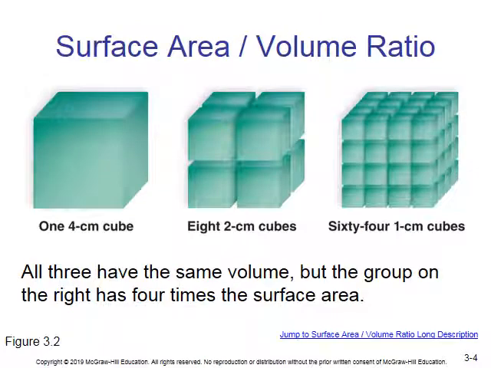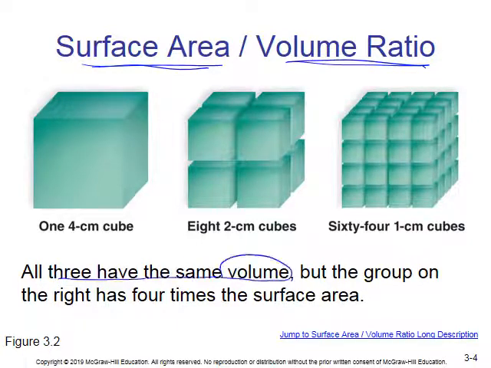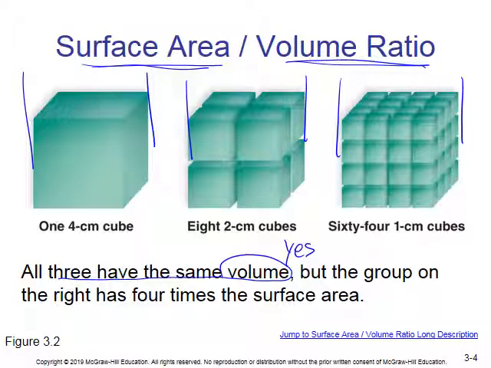Along with cell theory, let's talk real quick about surface area to volume ratio. You can see all three of these have the same volume. Do they take up the same amount of space? Yes. So they have the same volume. But in terms of surface area, the area around each individual tiny cube here is much greater than just this one large cube.